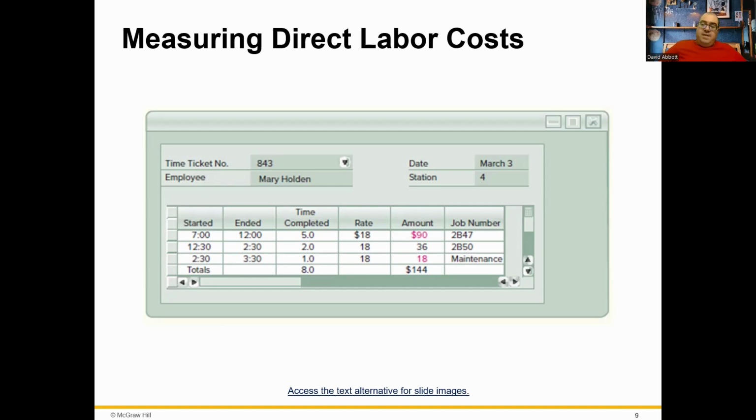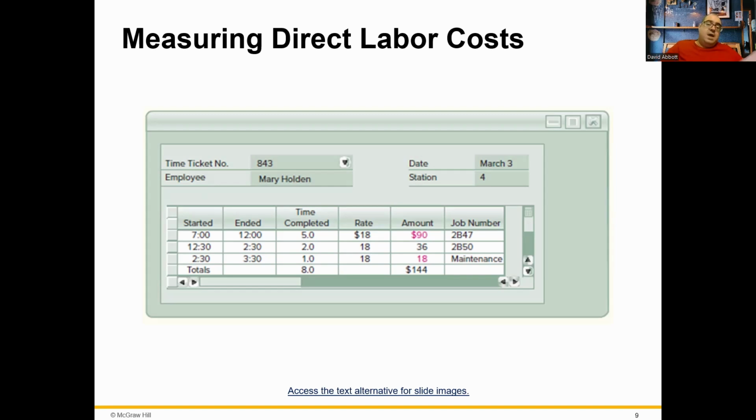So you have the name of the employee, what station they're working, the date, the time ticket number, and then again, what job is listed, what it is that they are doing, and how long they are doing that. And so this tells you then that for job 2B47, we have $90 worth of labor.